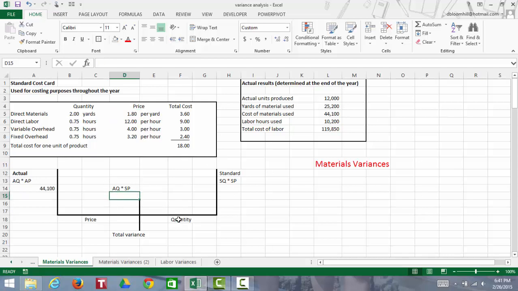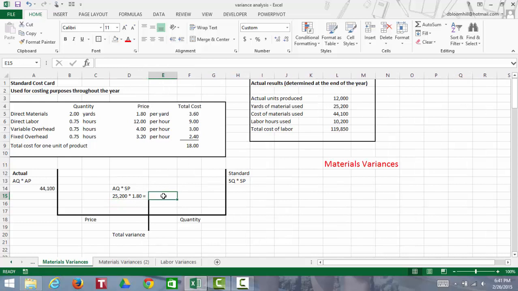So to calculate the middle prong, I would take 25,200 yards used and multiply it by the standard price of $1.80 from the standard cost card. So my middle prong is very, very easy to calculate as 25,200 times $1.80, $45,360.